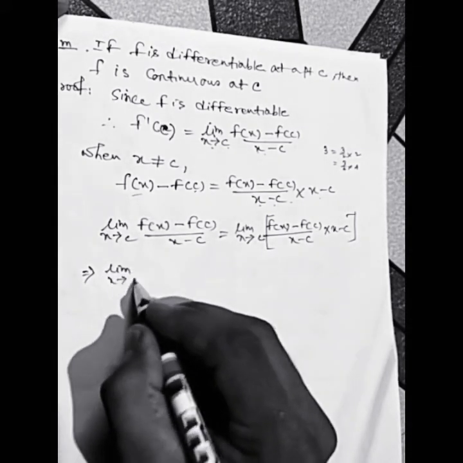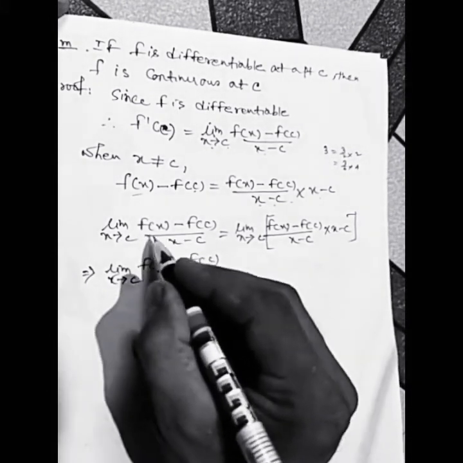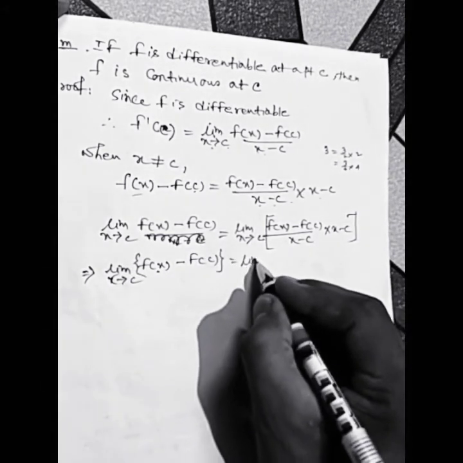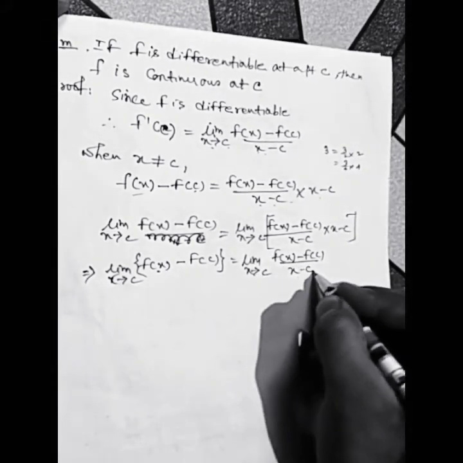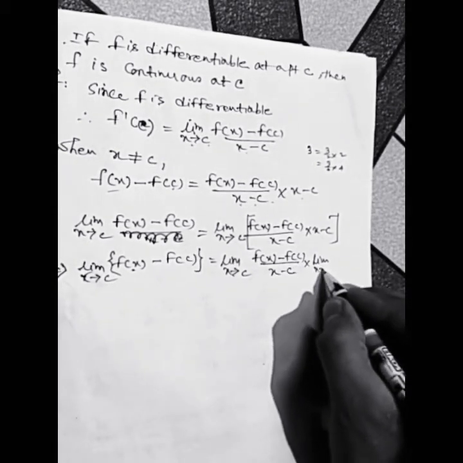This implies limit x tends to c of f x minus f c equals, because there are two functions, we can separate it, limit x tends to c of f x minus f c divided by x minus c into limit x tends to c of x minus c.